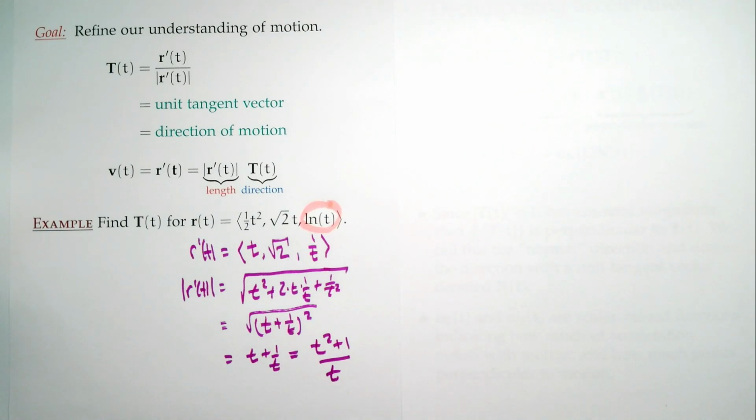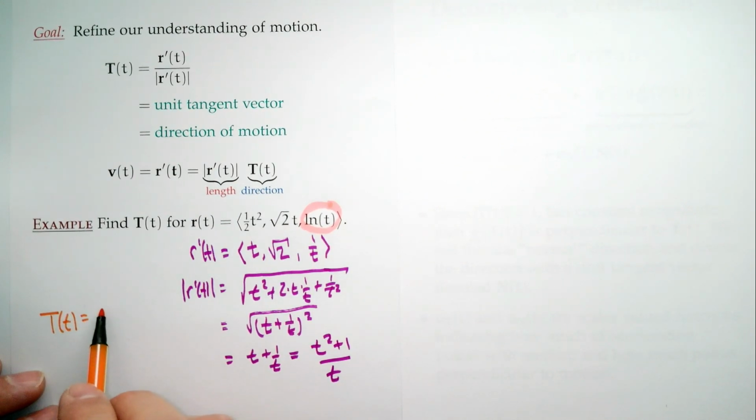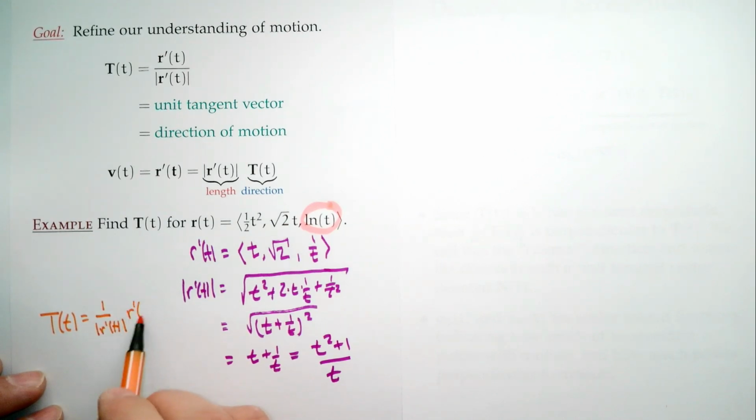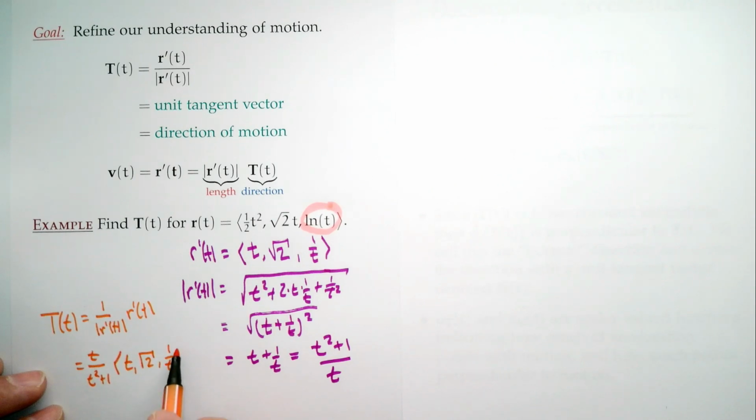So, for our answer, we get that our unit tangent vector, which is r prime of t divided by the magnitude of r prime of t, another way to write that is 1 over the magnitude of r prime times r prime. And 1 over the magnitude of r prime, I can think of as taking the reciprocal. So this can be written as t over t squared plus 1 times the vector (t, root 2, 1 over t).